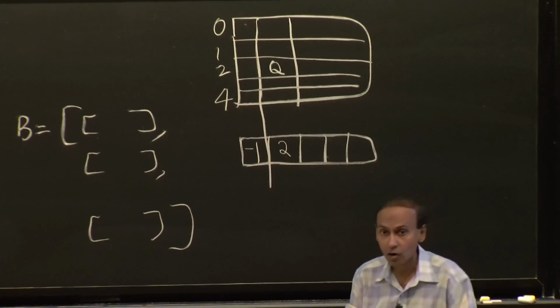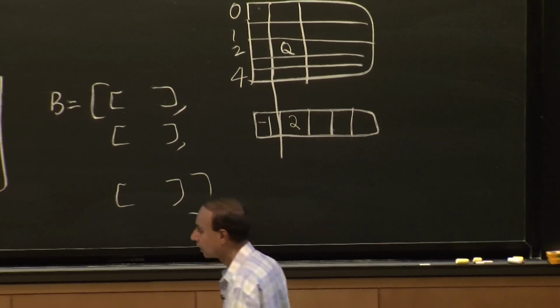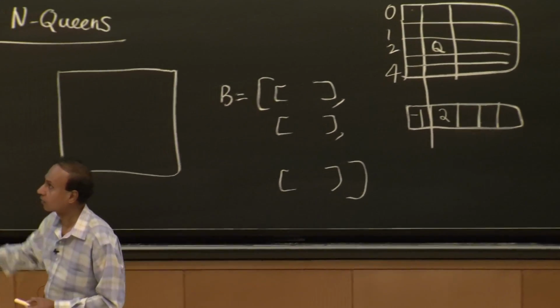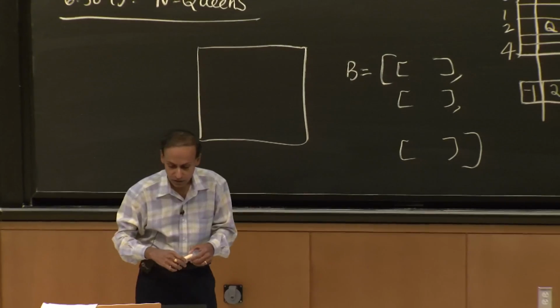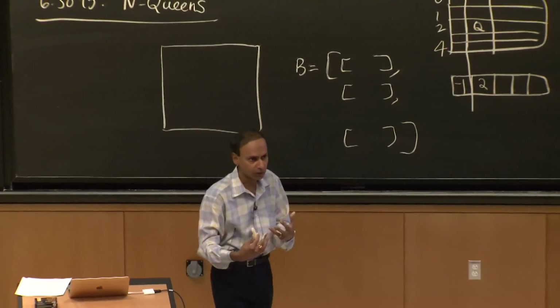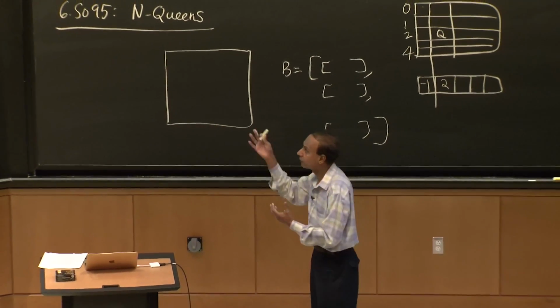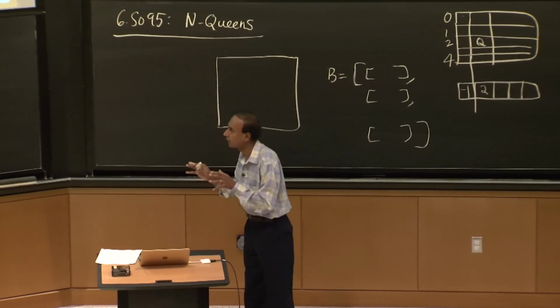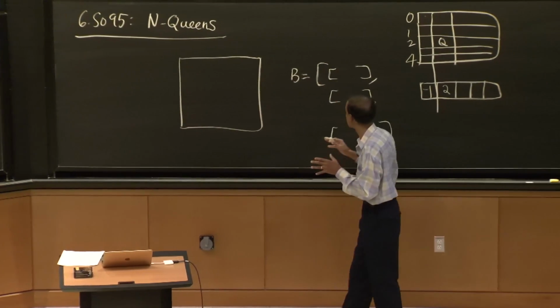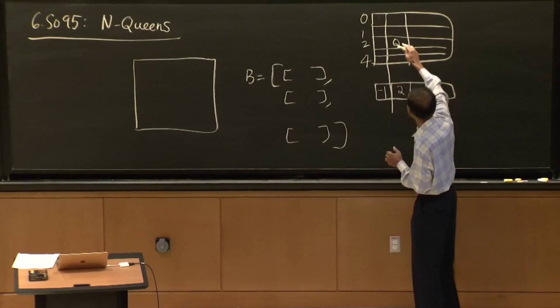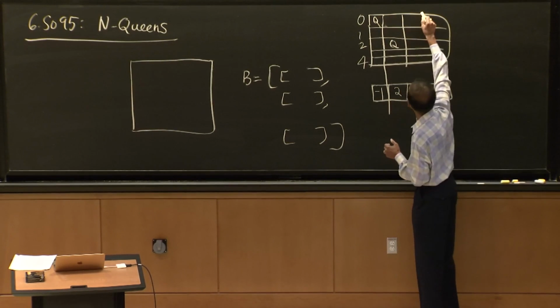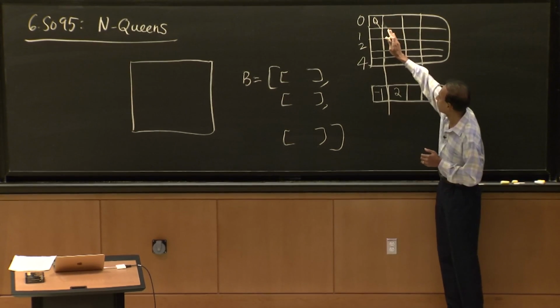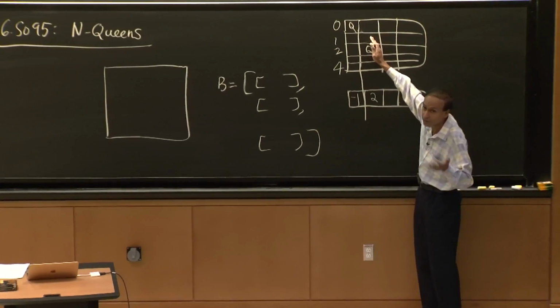So with this more compact representation, it turns out that the conflict check becomes pretty straightforward. And if you remember, our conflict check is incremental in the sense that what you're going to do is assume that queens have already been placed in some number of columns. I mean, it could be 0.